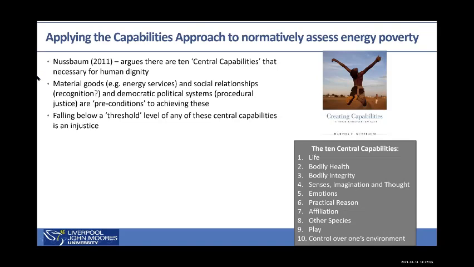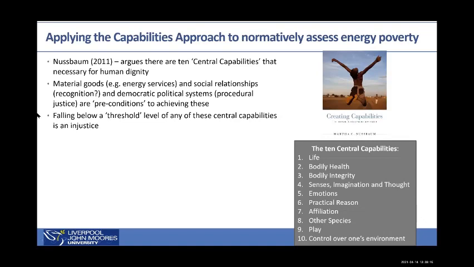And the way she looks at it is that material goods, such as energy services, social relationships, which we could argue potentially connect to recognition, and also democratic political systems, which maybe connect to procedural justice, are prerequisites or preconditions that enable people to achieve those 10 central capabilities.